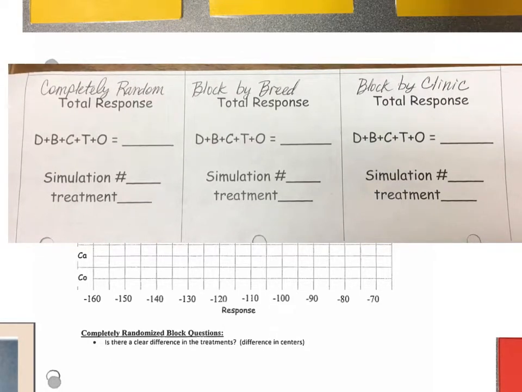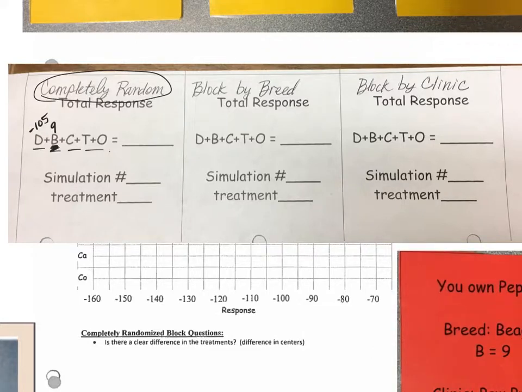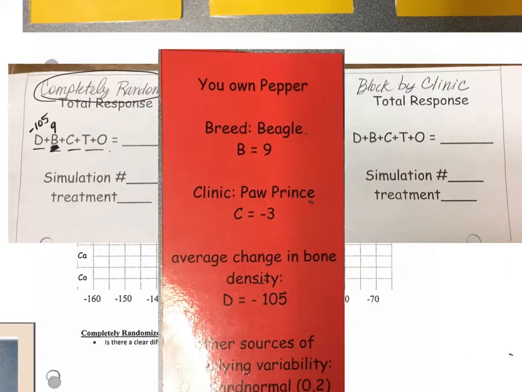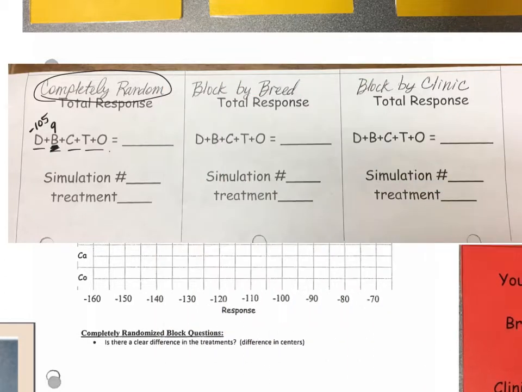We're going to do a completely randomized experiment, and then we're going to fill in our numbers here. So this number is -105. That's the density. Our dog was a Beagle, and his number was a 9 right there. And then remember, our clinic number was -3.